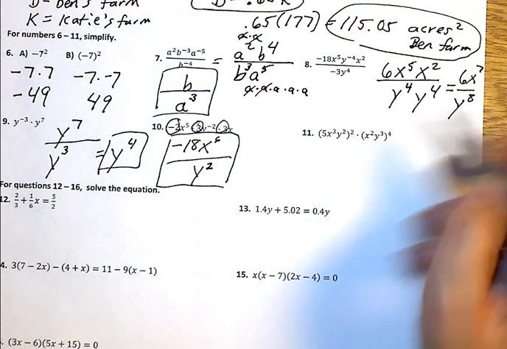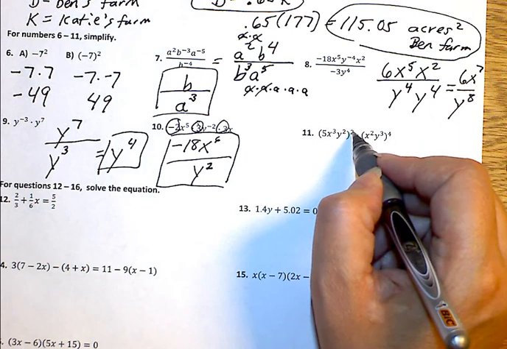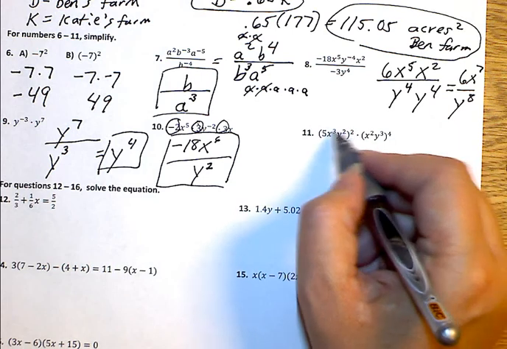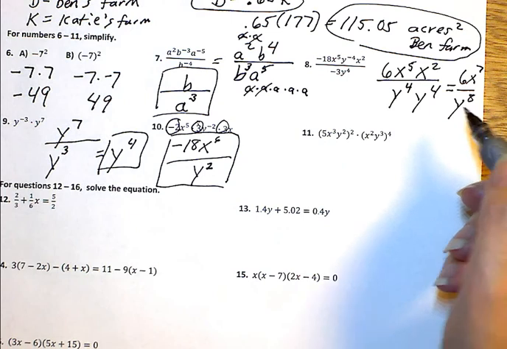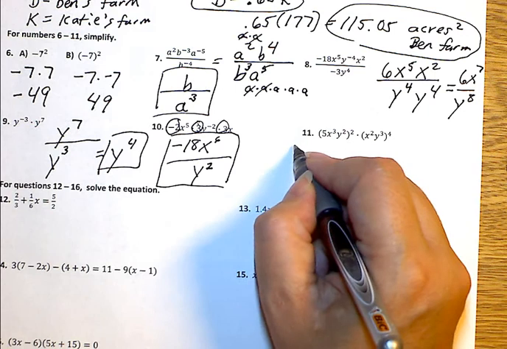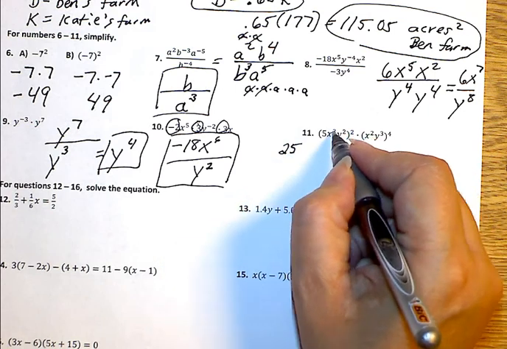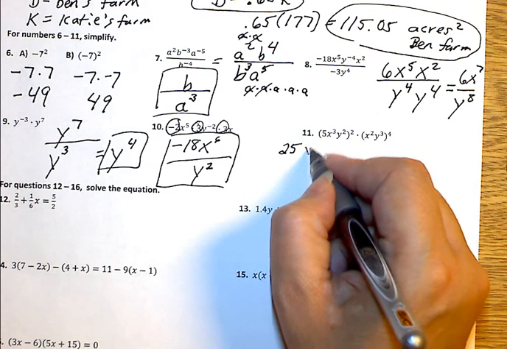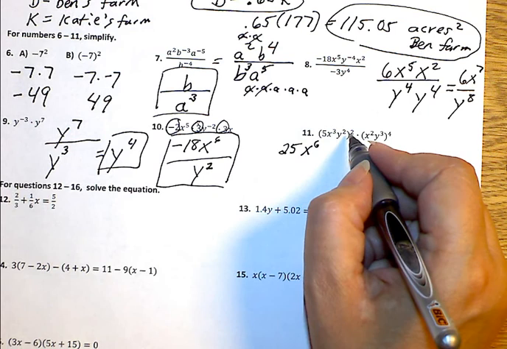When you have x cubed and you square it, what do you have to do to the exponents? What do you do to those 3 and 2? Multiply them is right. So we have 5 squared, which is 25. X to the third squared, so you have 3 times 2 is 6. Y squared squared gives me y to the fourth.